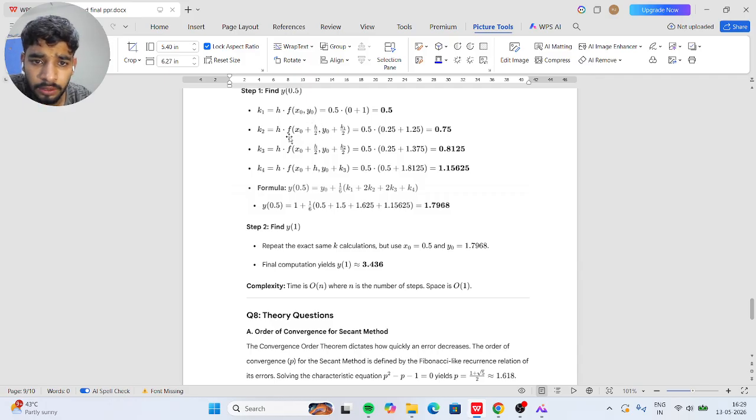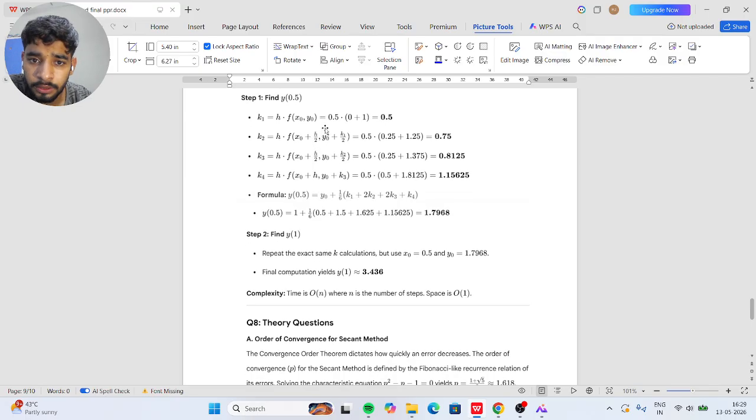Here, this is our first value which will go to the function, and this is the second value which will go to the function. So by putting values, 0.5 is the h value, 0.25 is x0 plus h by 2, and 1.25 is y0 plus k1 by 2, and we will add them and get the value of K2, which is 0.75.